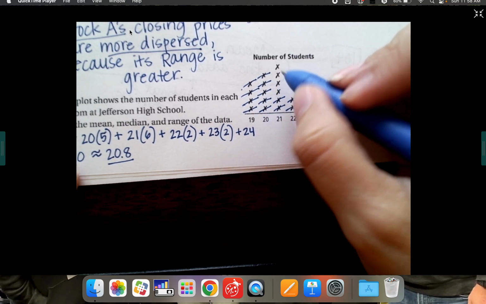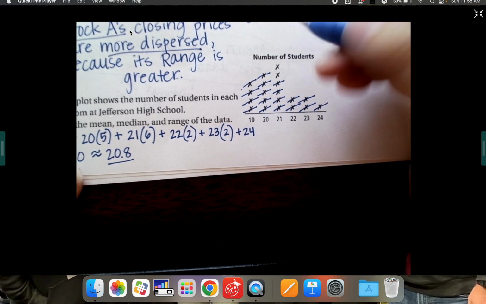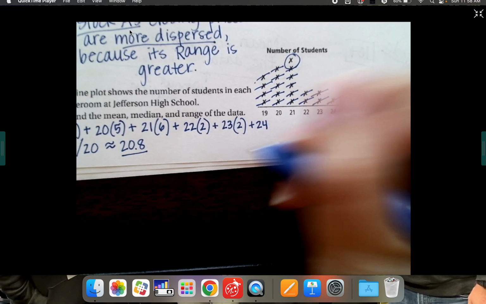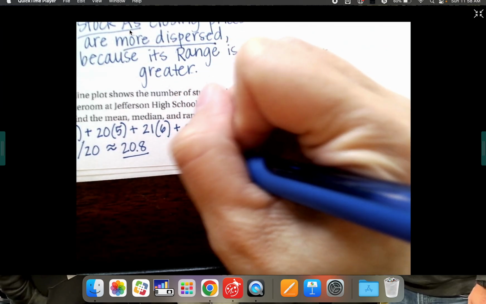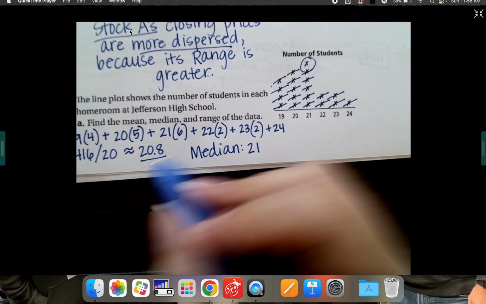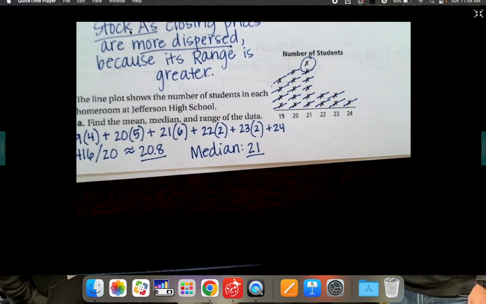Maybe this wasn't the best way to do it. Lowest, highest. And then you're going to get to where the center number is actually 21. So the median is 21, which I think is interesting because our mean was almost 21, was basically 21.